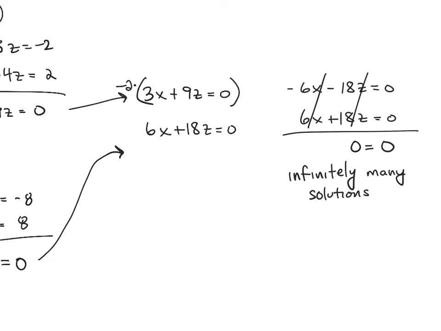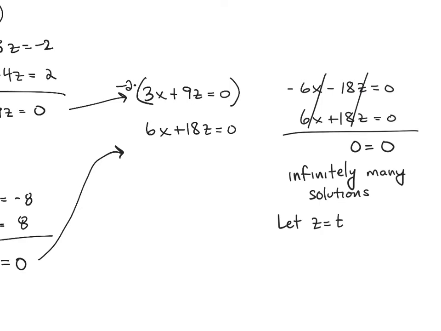Now, in section 5.1, if you remember, at this point we chose a parameter t, and in two variables x and y, the convention our textbook uses is to let x equal t. When you have three equations and three variables x, y, and z, our textbook chooses, and most textbooks choose, to let z equal t.